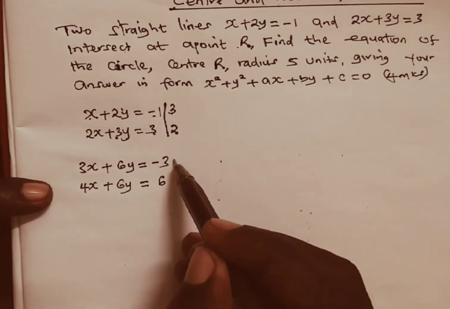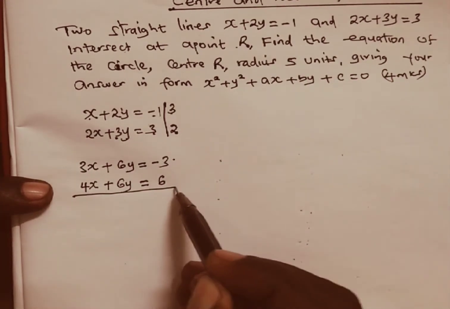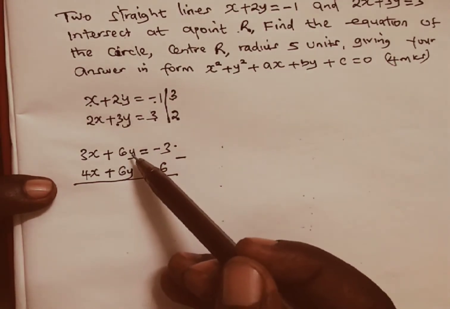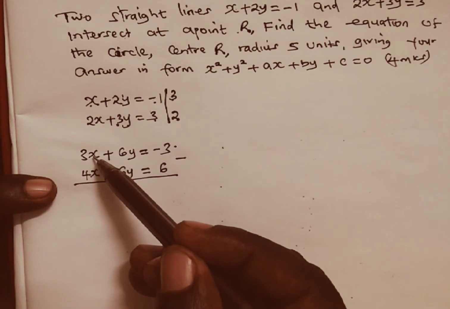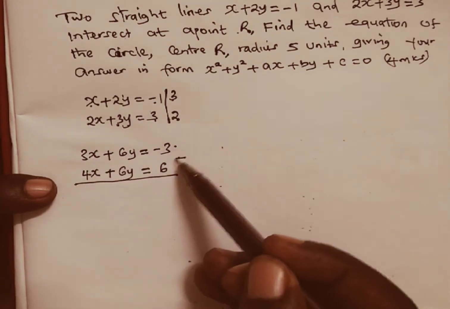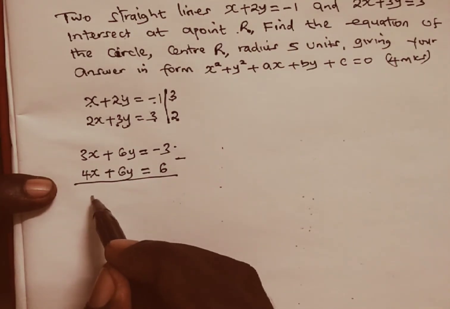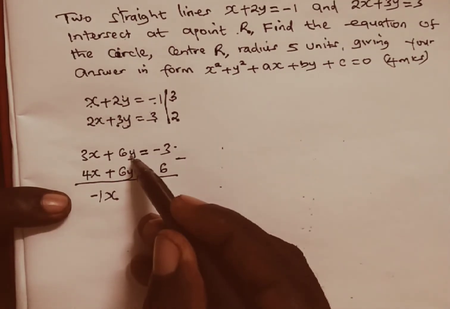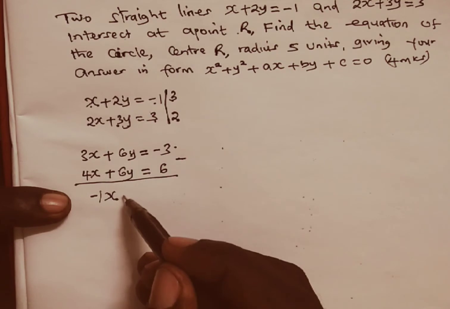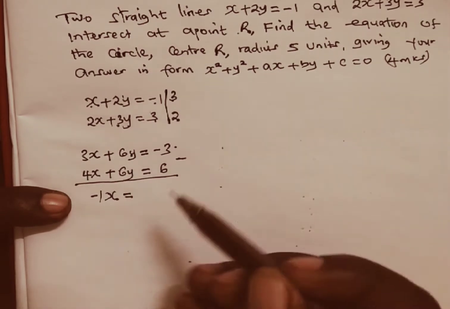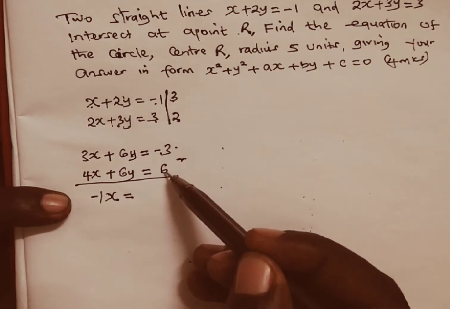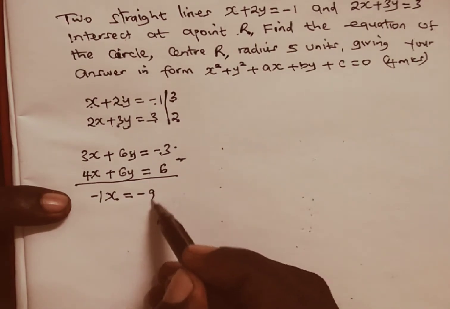Having done that, we are going to subtract the two equations. If you take 3x minus 4x, this will give us -1x, or simply -x. 6y minus 6y will be equal to 0, and this is going to be equal to -3 minus 6 will give us -9.